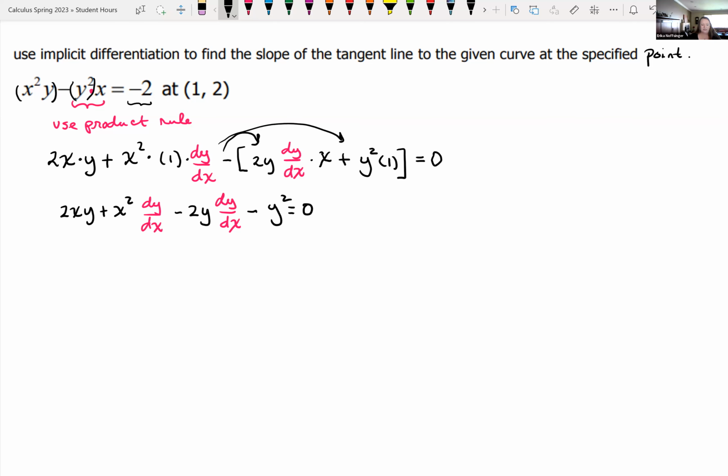We want to figure out what dy/dx is. Should there be an x after the second dy/dx? Yes, there should. Instead of putting it after, let's just put it in front of it, times x right here. Thank you.